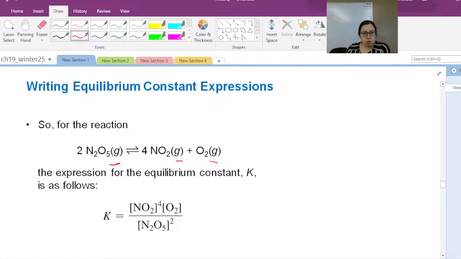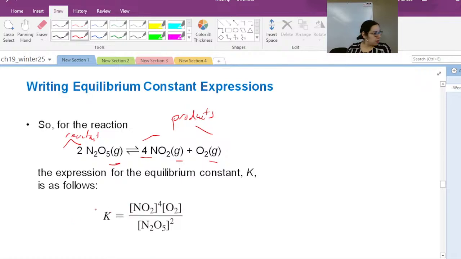And so then we can see how this translates. So again, right, they did it for us. So products over reactants. This is just our balanced equation. So our two equivalents of dinitrogen pentoxide give 4 equivalents of nitrogen dioxide, 1 equivalent of oxygen.